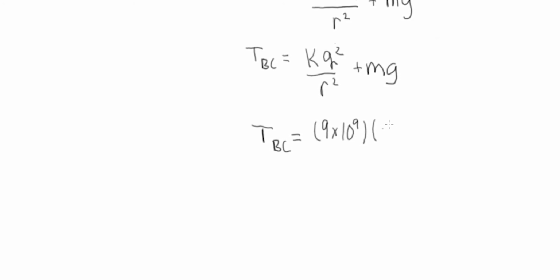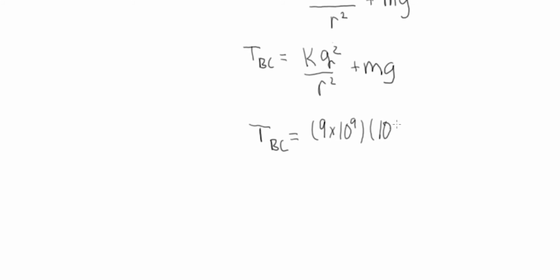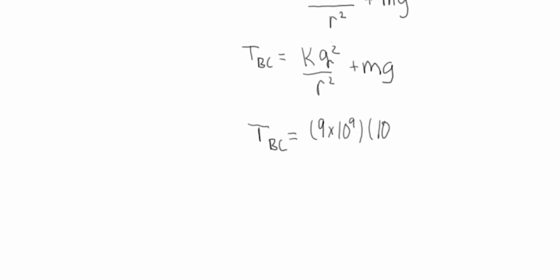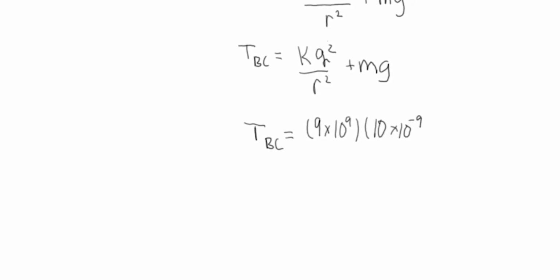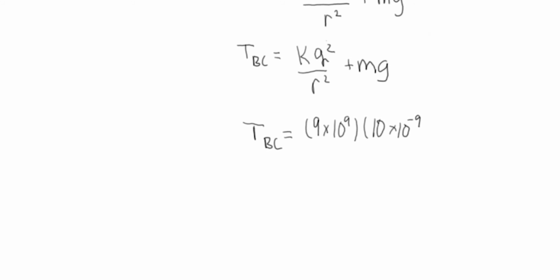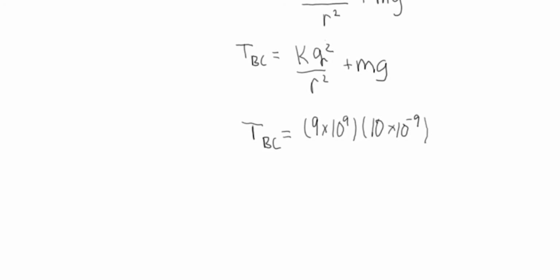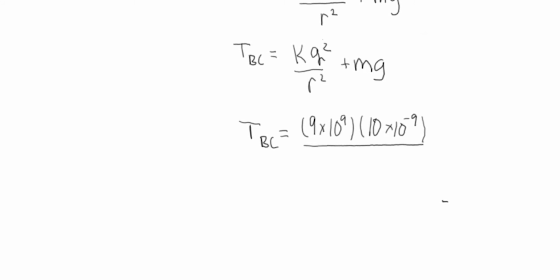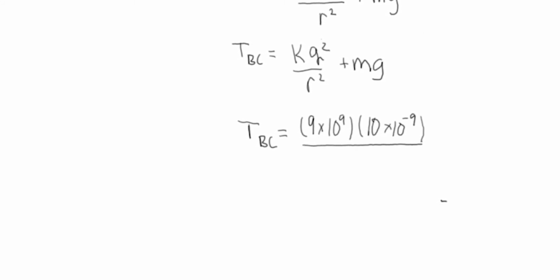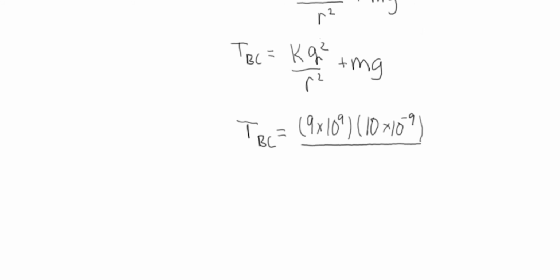The charge of both these objects is 10 nanocoulombs. And we want to make sure we plug those in terms of regular coulombs, not nanocoulombs. So remember, nano is times 10 to the minus 9. That's my little mnemonic device I use. 10 to the minus 9 all over the distance between them, which I believe was 4 centimeters. So remember to convert that to meters.